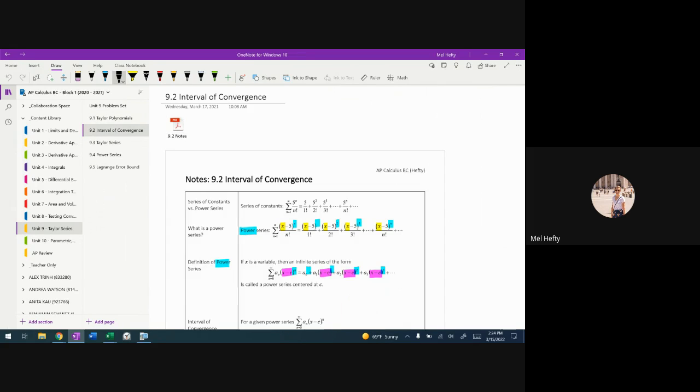Interval of convergence is where the ratio test is going to come back. That's going to be to find essentially a domain of what's called a power series, but we're going to use ratio test for that. Both the Taylor series and power series are going to be sections where we're trying to construct a Taylor series without having to take just a million derivatives.